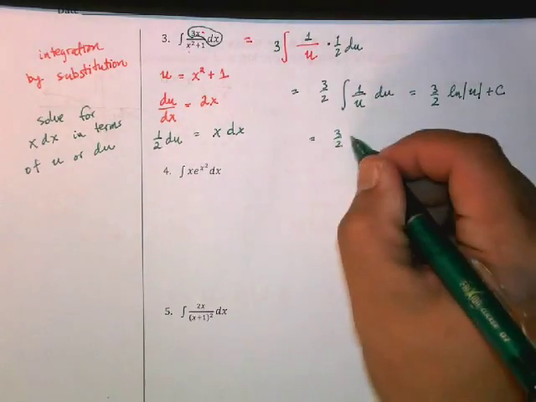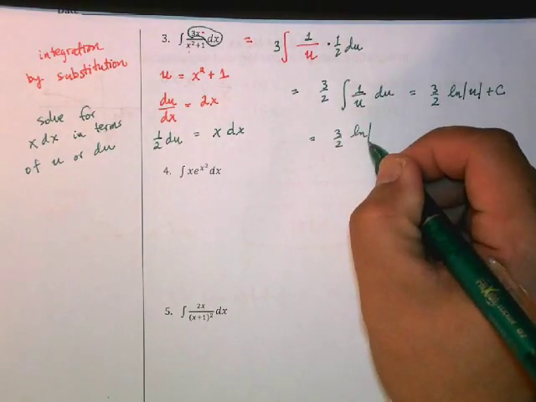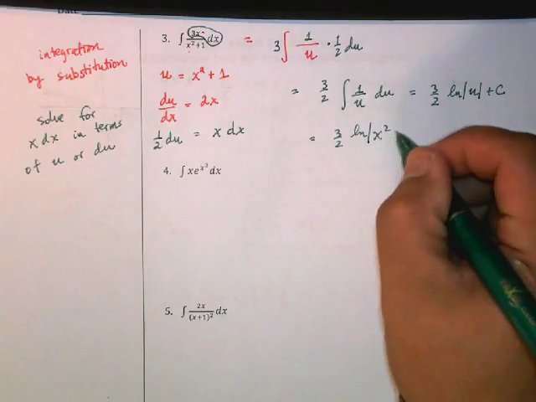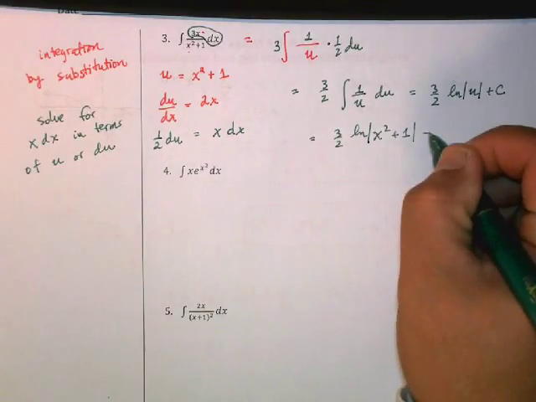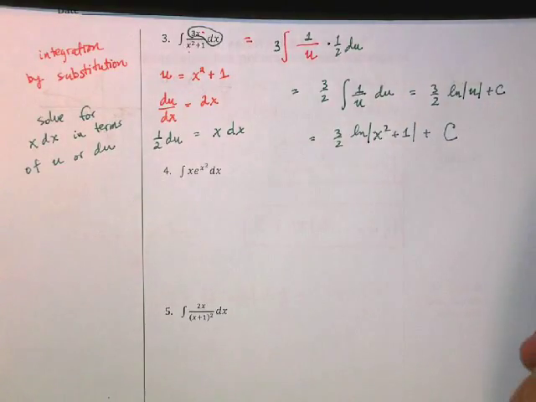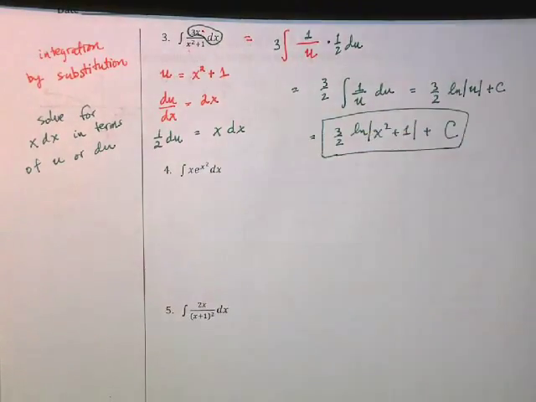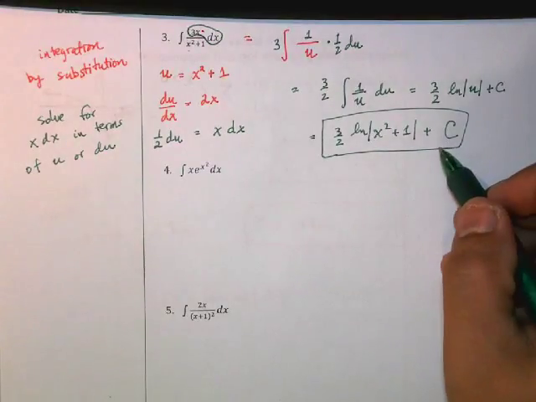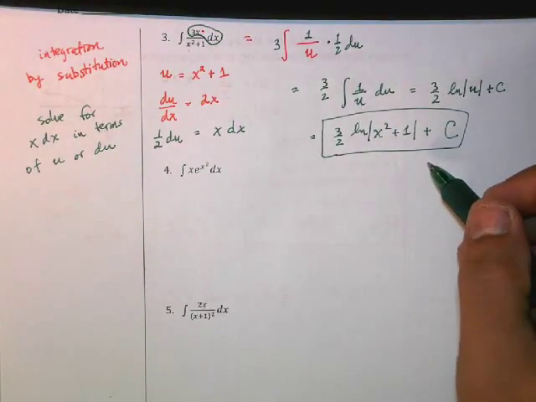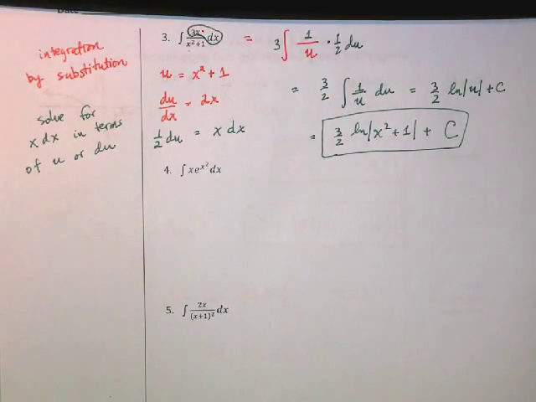So this is 3/2 the natural log of the absolute value of x squared plus 1 plus a constant. So there we go. Yet another, slightly more complicated example of how we can use substitution.